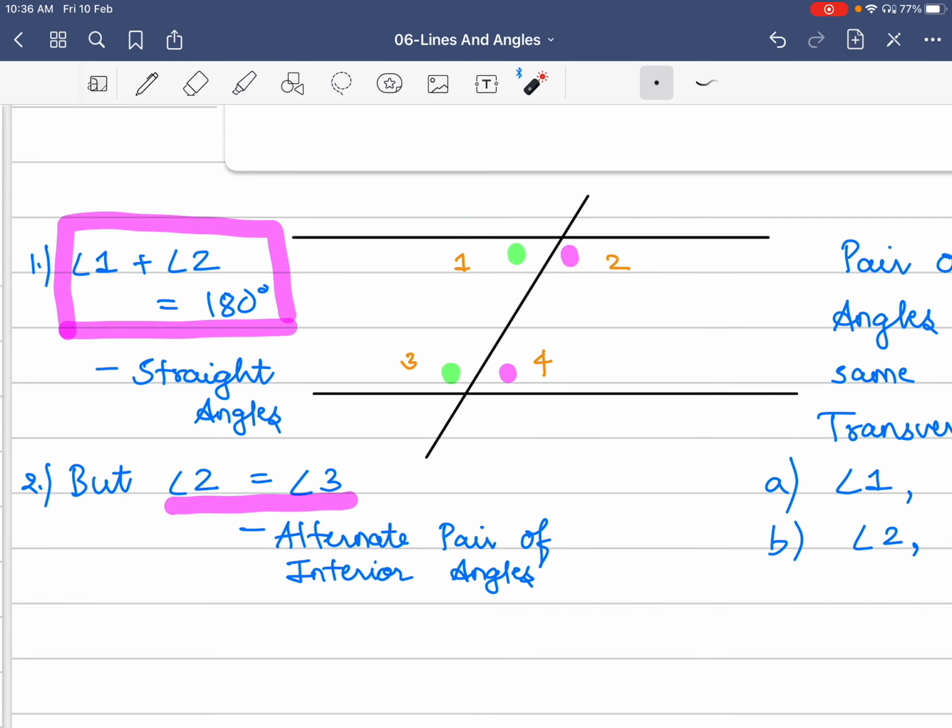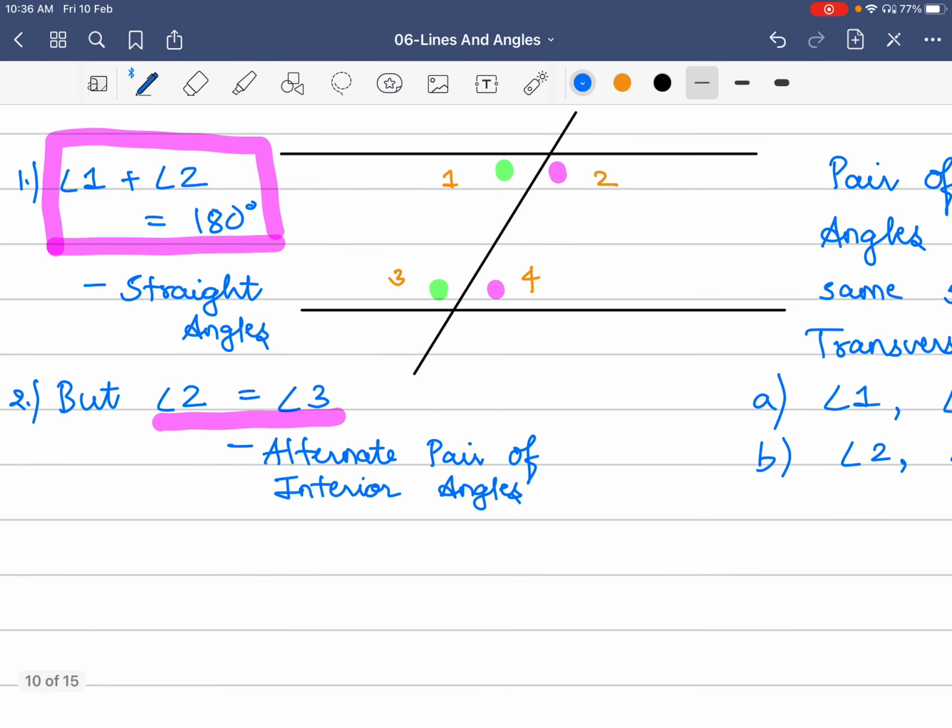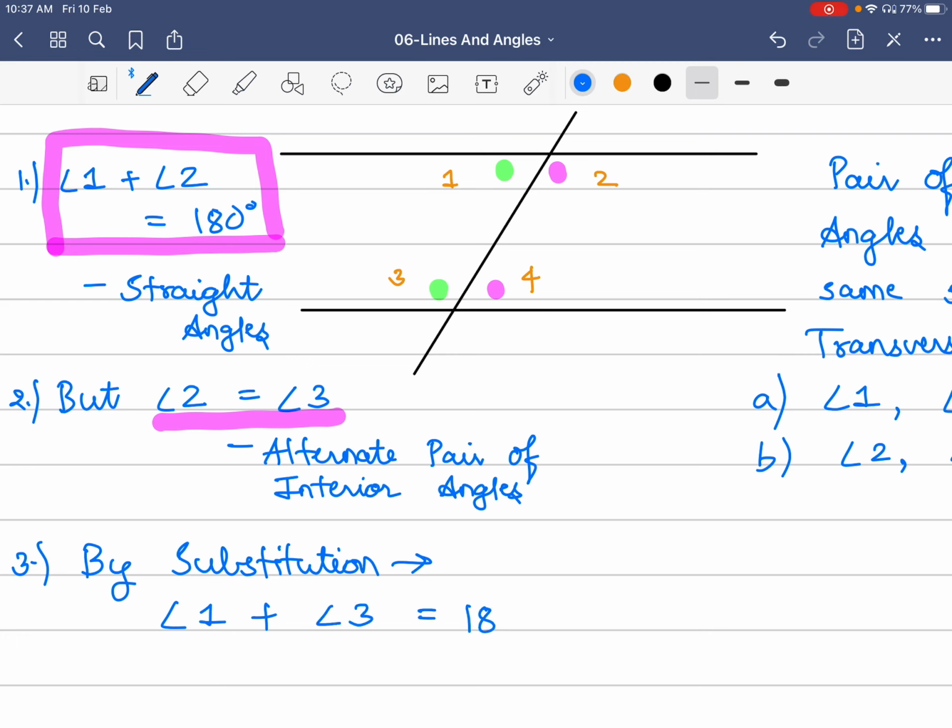Okay. So let's come down, and point number 3 is by substitution. By substitution, we will get angle 1 plus angle 3 as equal to 180 degree. Okay, and let me box it because this is a key thing that we have arrived at.